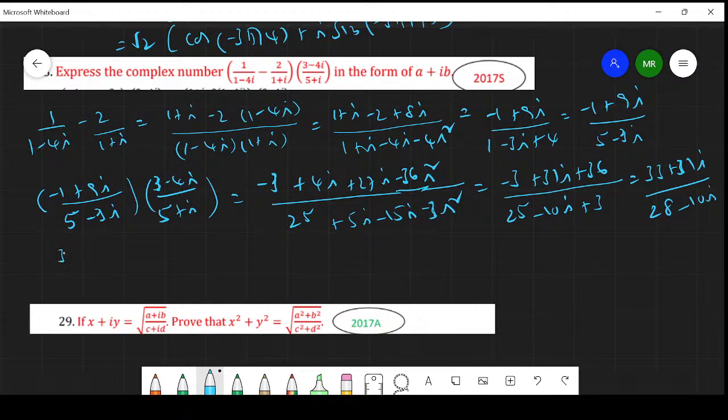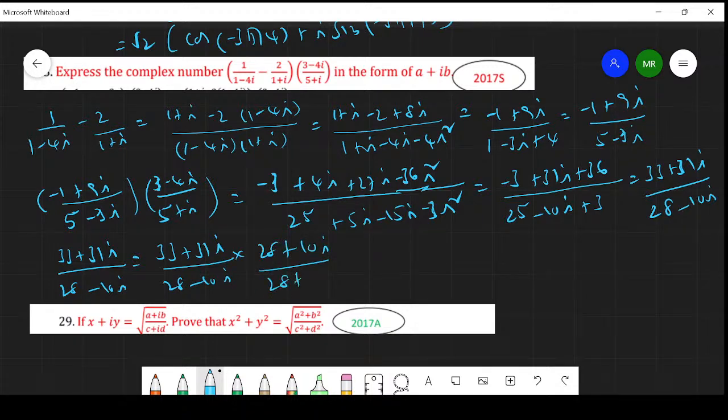I should simplify this. 33 plus 31i by 28 minus 10i, I can write 33 plus 31i by 28 minus 10i into 28 plus 10i by 28 plus 10i.